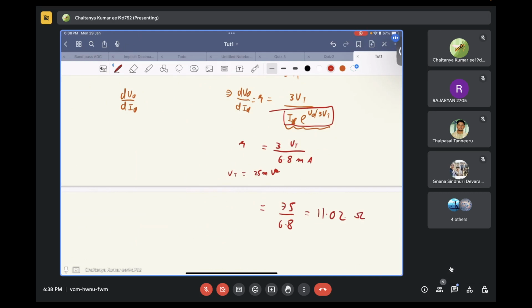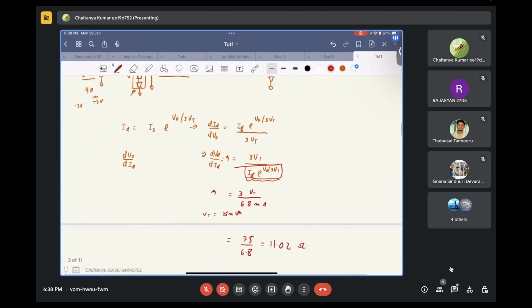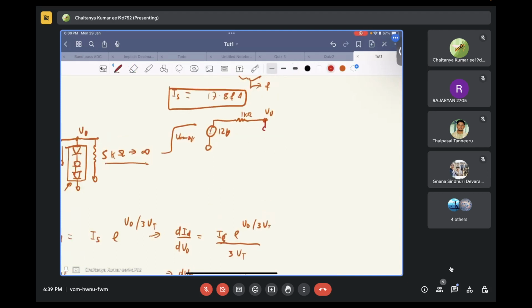So 11.02 ohms is your incremental resistance. Now it will be much easier to find the minimum and maximum values. You can replace this particular diode connection with 11.02 ohms.